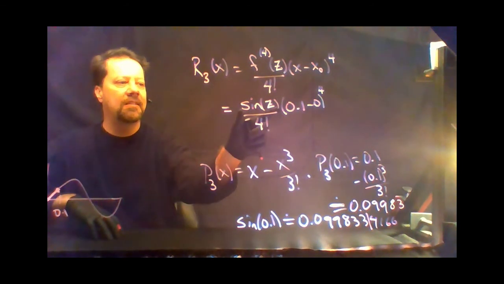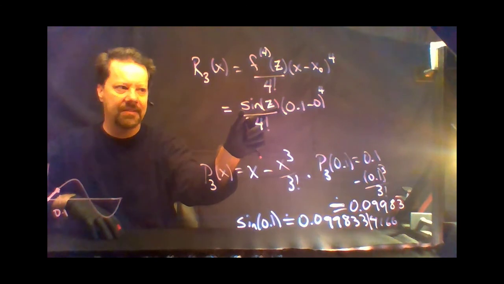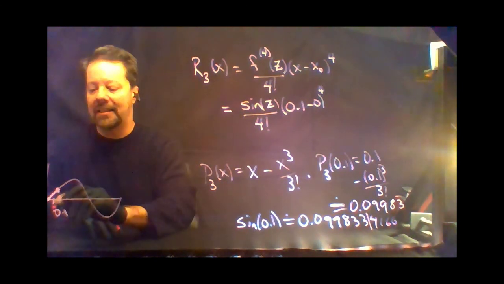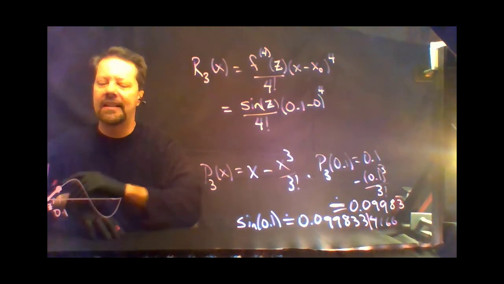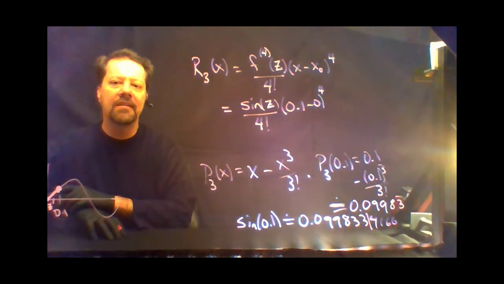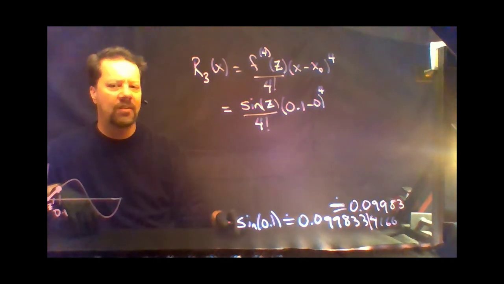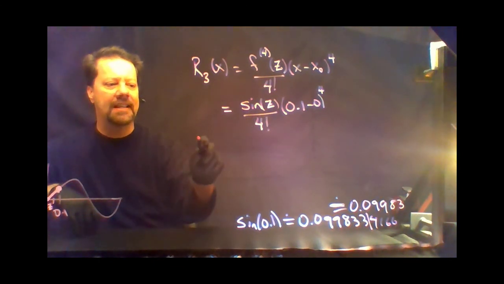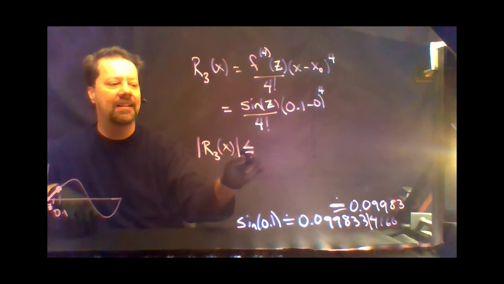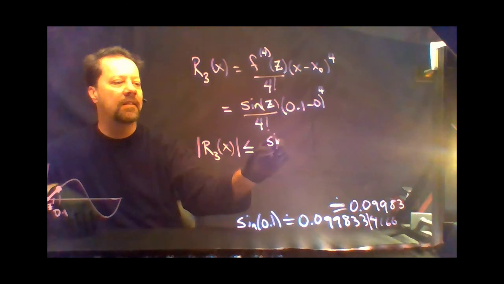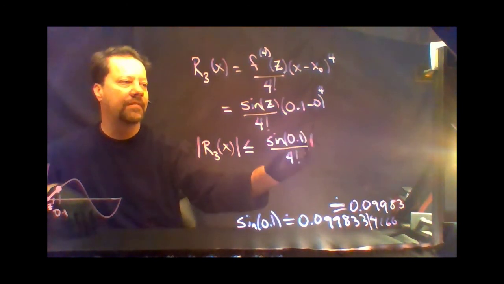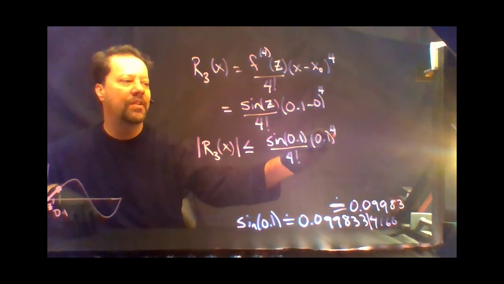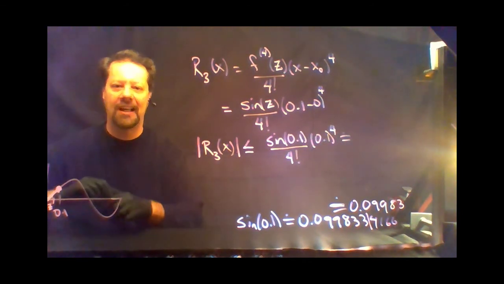So to get the largest estimate, since we don't know exactly where z is, we'll choose the largest value and declare that the error, whatever it is, is smaller than that. We don't know exactly what the error is, but we can say it's no more than the sine at 0.1 over 4 factorial times 0.1 to the power 4. How big is that?